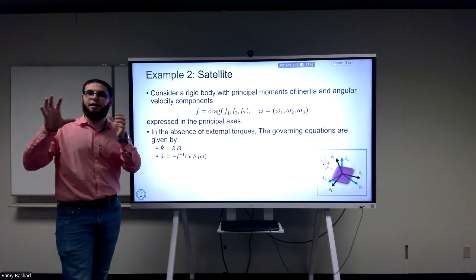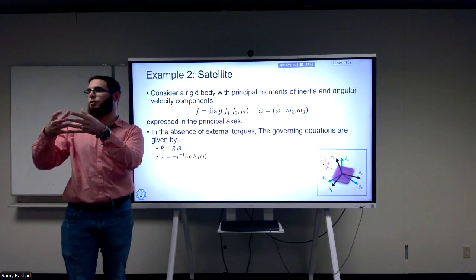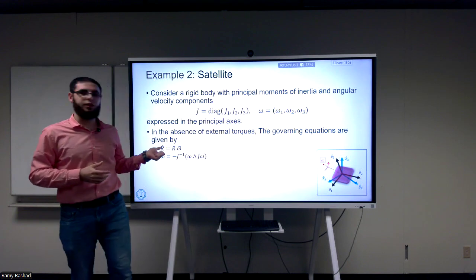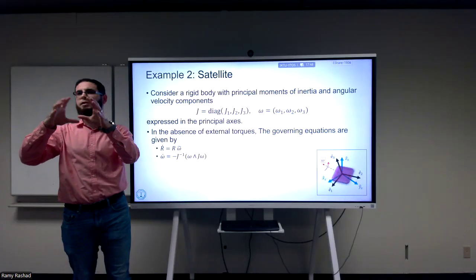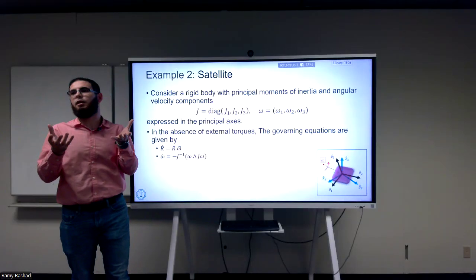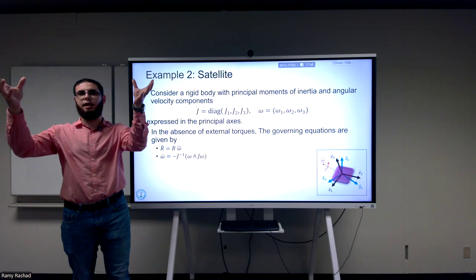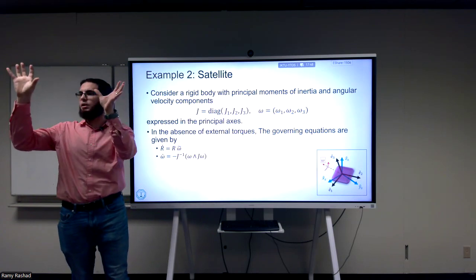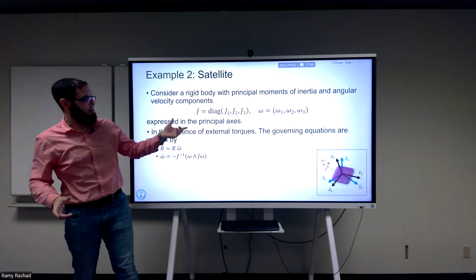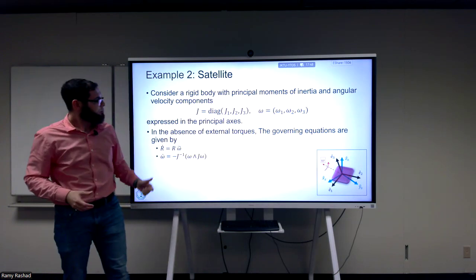We're going to look at the rotational dynamics of a rigid body, but only the rotational part. So there is no translation. This is just a rigid body that's rotating in its place, which is a simple model for a satellite. Assume it doesn't move. So we're only looking at the dynamics of it while rotating.